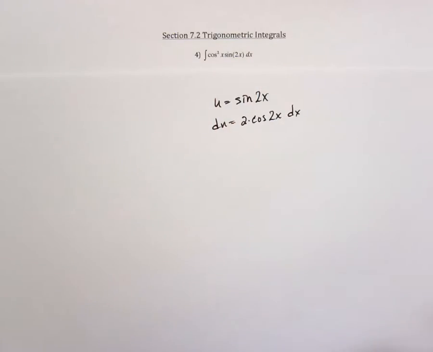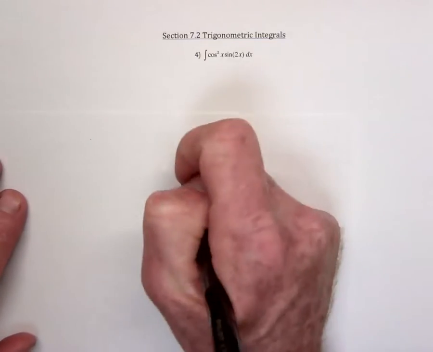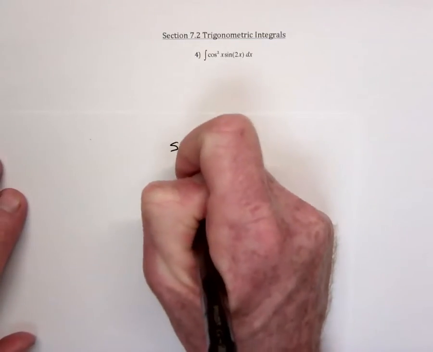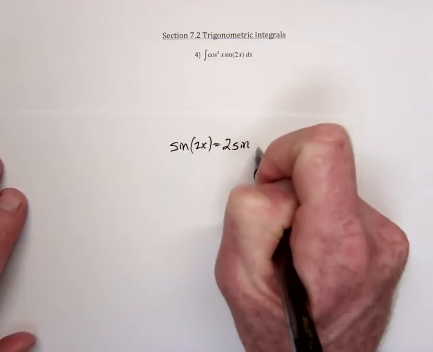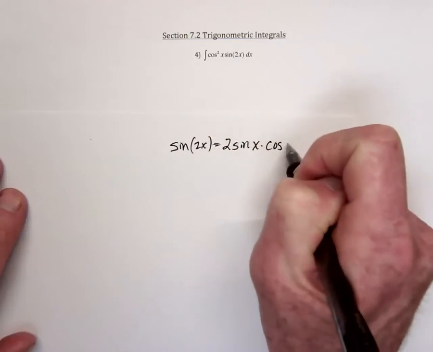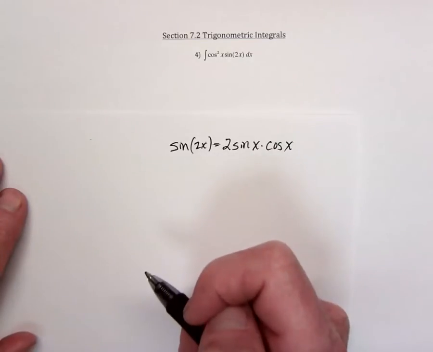So the identities that we would need would look like this: there is sine of 2x equals 2 sine of x cosine of x, to transform that one that has the 2x in it.